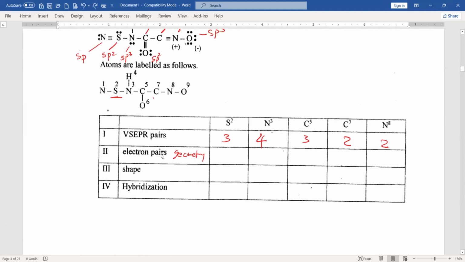Electron pair geometry can again easily be found. If you have 3 VSEPR pairs, it is trigonal planar. If you have 4, that is tetrahedral. Again, if you have 3, it is trigonal planar. If you have 2, it must be linear. If you have 2, again, linear. Therefore, here trigonal planar.